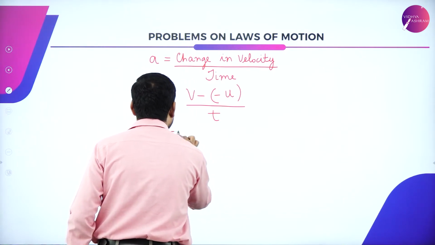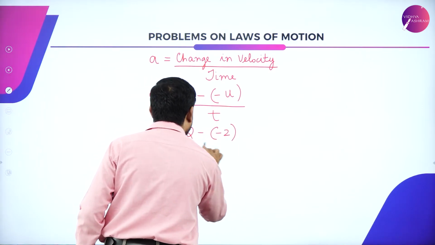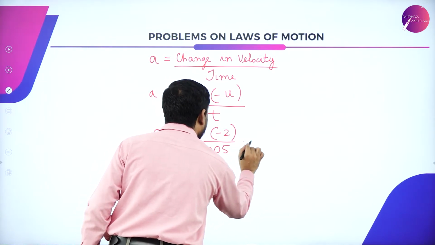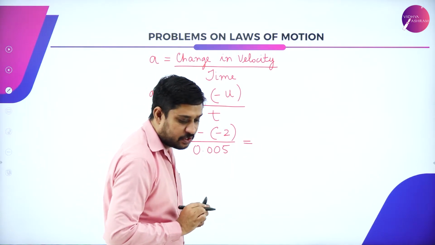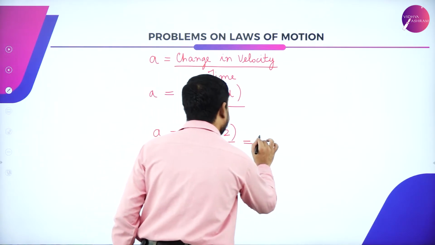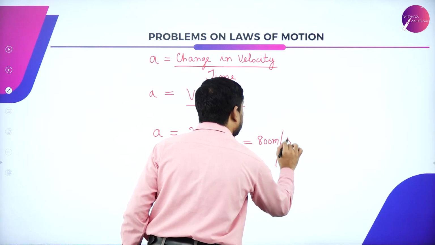So this is 2 minus minus 2 divided by 0.005, and on simplification here it turns out to be 800 meter per second square.